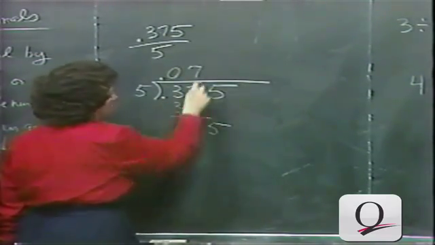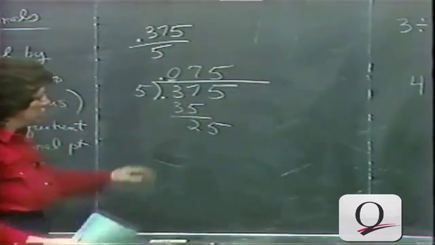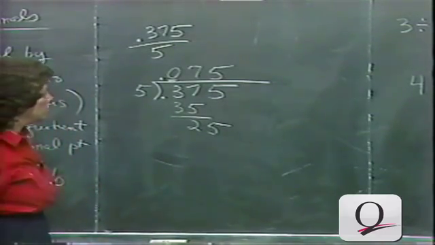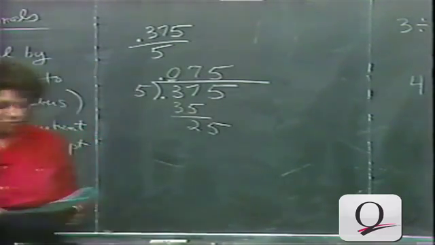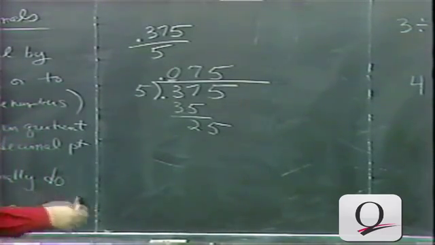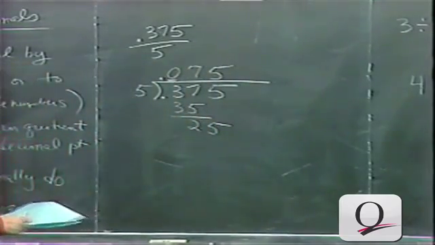Subtracting, 5 into 25 goes 5 times. Here the 0 is crucial to get the right place in the answer. So 0.075 or 75 thousandths for your answer. And of course, it's just a coincidence that all the answers came out with 7s and 5s.